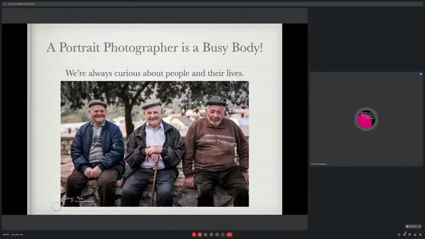And I think it's this curiosity that makes us very successful portrait photographers, simply because the curiosity drives us to want to connect with people and to learn more about them and to engage with them, and to feel this love of wanting to create a picture, an image or a representation of someone or of a particular character. So if you have a curiosity about people in your lives, disregard the fact that people might call you a sticky beak or a busybody. It's a very important and significant trait to cultivate, and please continue to cultivate and foster it because it can drive you to become a better portrait photographer.